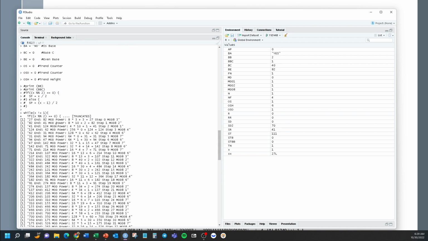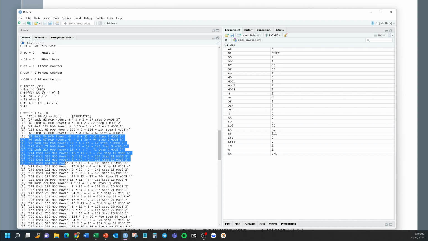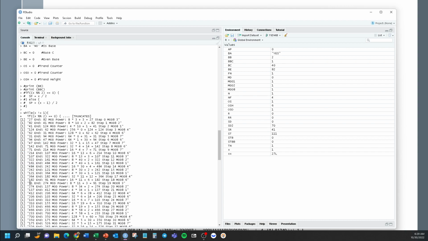So if we go up here to 31, 47, 71, 107, 161, 142. So it does this 5 steps up, and then it hits 121, and then in 3 steps, 121 is below itself.